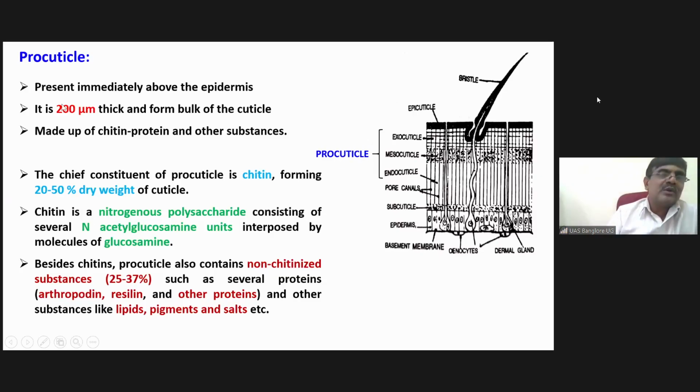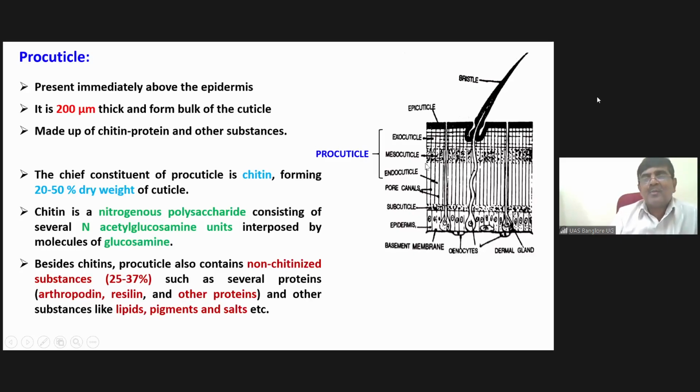Already I told you, this is 200 micron thickness. As you see in the diagram, the region from here to here is procuticle, which measures around 200 micron thickness. But the epicuticle is very thin, measuring around 1 to 4 micron thick.